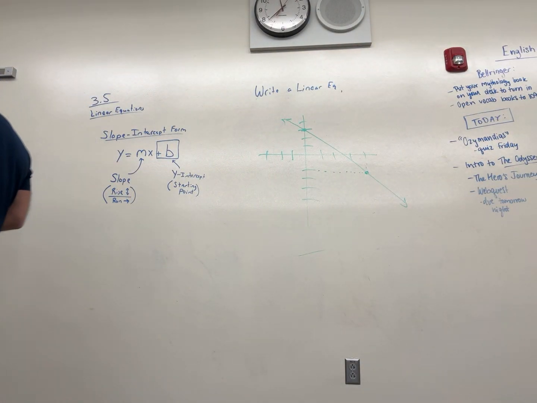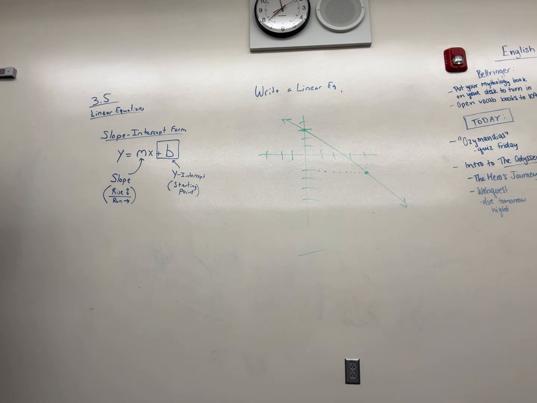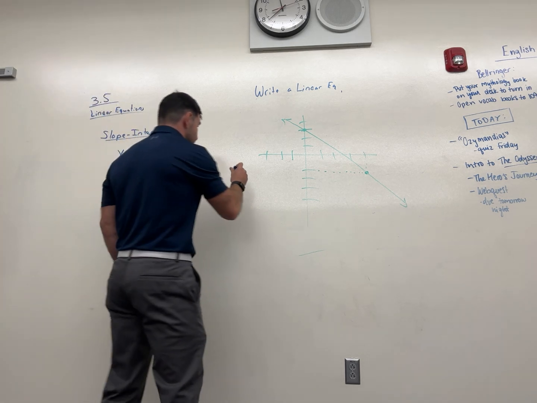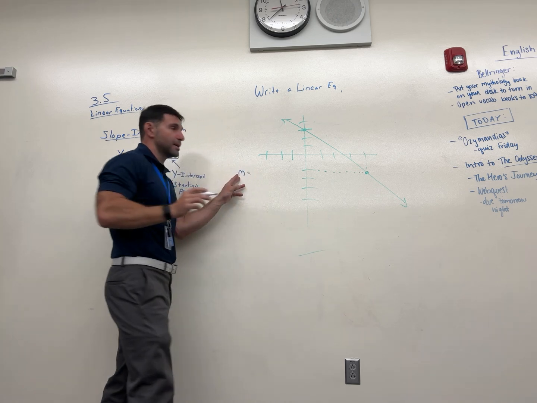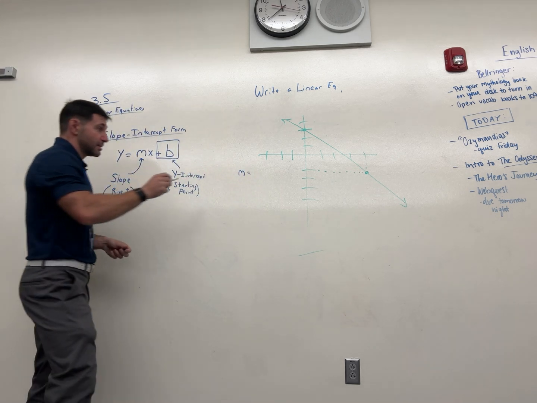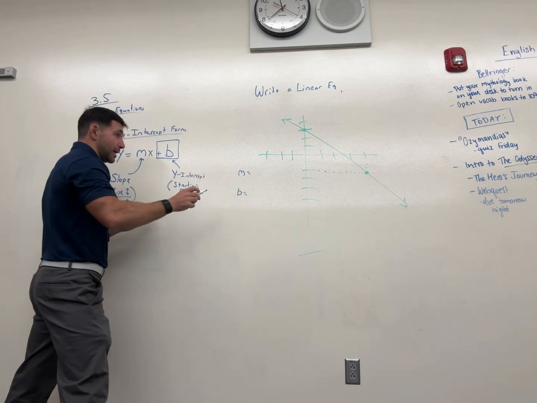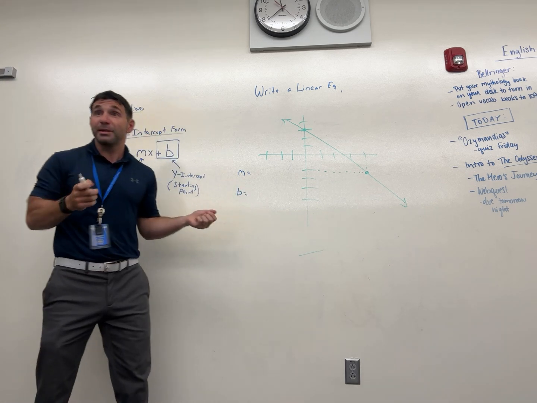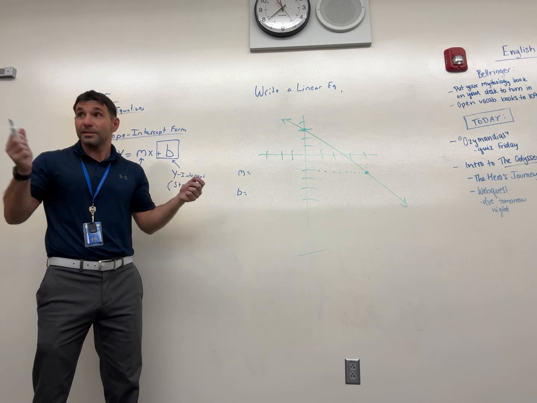What two things do we need to write the linear equation? M and B. What is M? 3. No, what is M? M is slope. What is B? Y-intercept. The y-intercept is going to be easier because we can just look at the graph. What is it? 3.